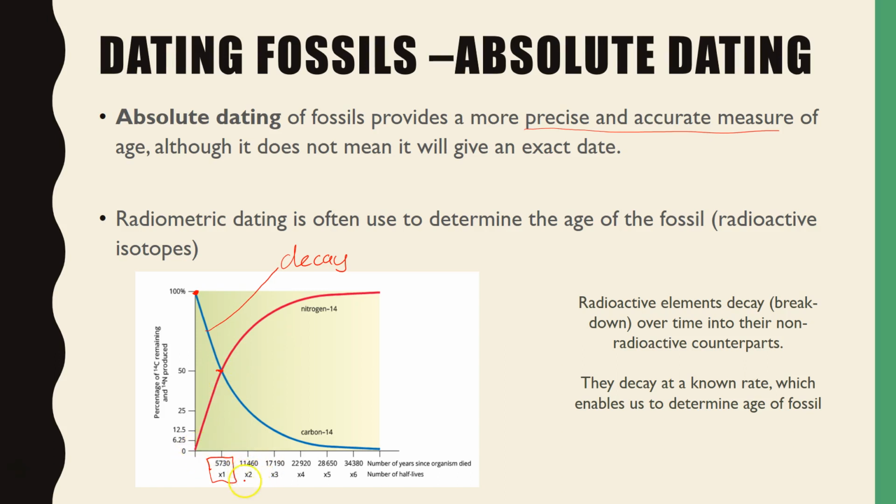And then over time, 11,460, 17,190, etc., we can look at the number of half-lives, that's what these are called here, the number of half-lives that have occurred, which can be used to approximate the age of that particular fossil. So if a fossil has 6.25% or 12.5% carbon-14 remaining, it will suggest that it is 3 or 4 half-lives or even 5 half-lives old, which will be this number of years.